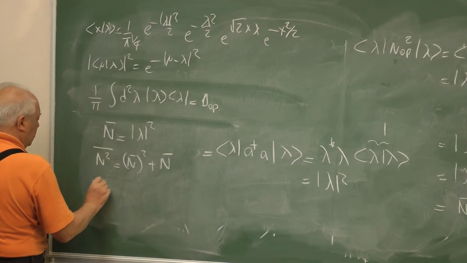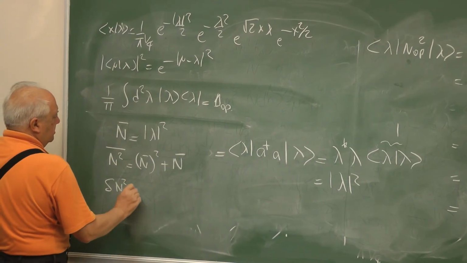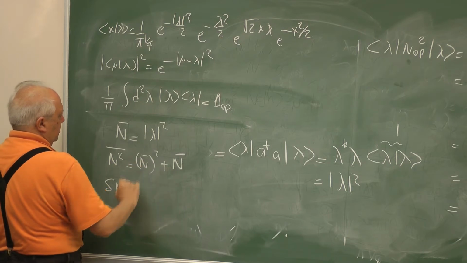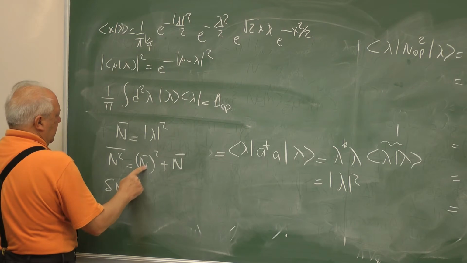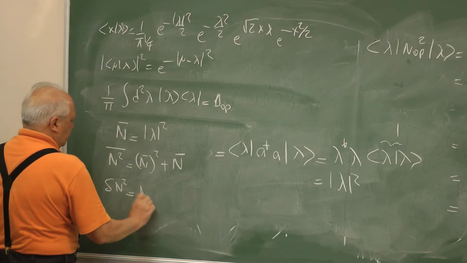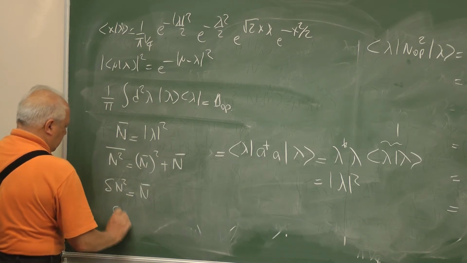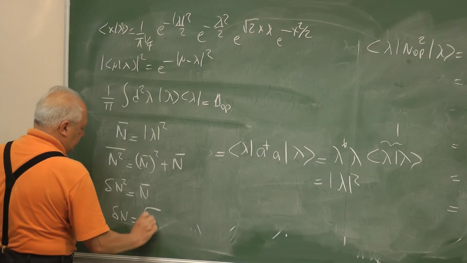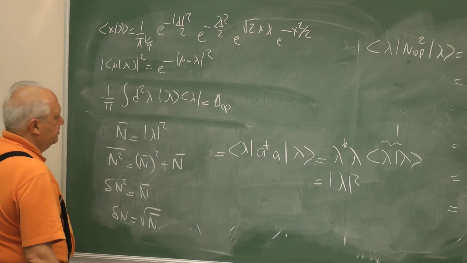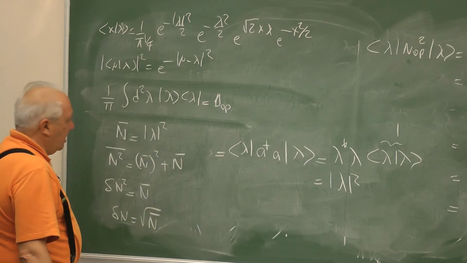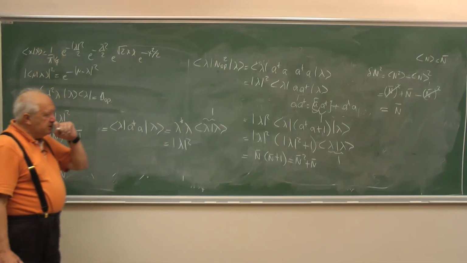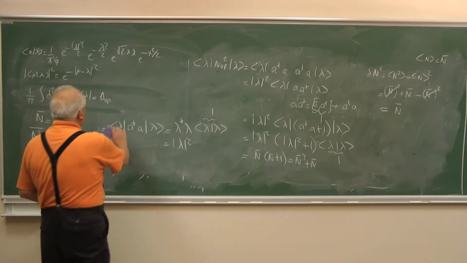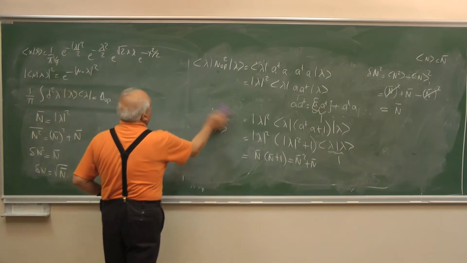Delta n square is, you subtract, so this cancels the square of that, so it is simply n bar, or delta n is simply root n bar. Although we did this calculation, it's interesting to look into some more detailed way.